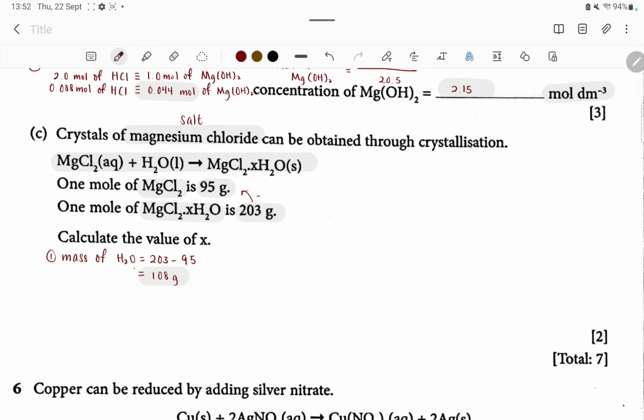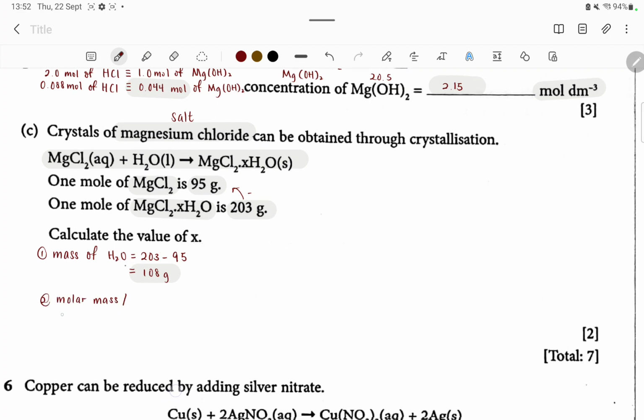And then after that, find the molar mass or the relative formula mass of water, which equals 2 times 1 for hydrogen plus 16.